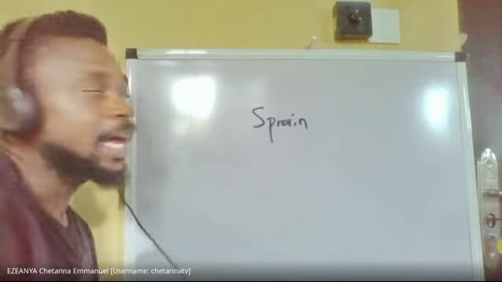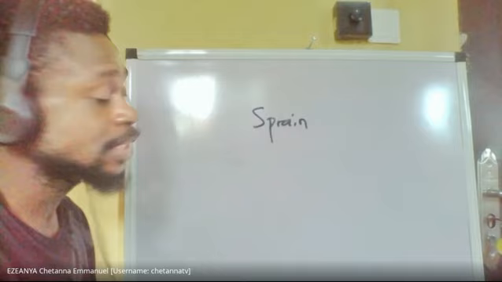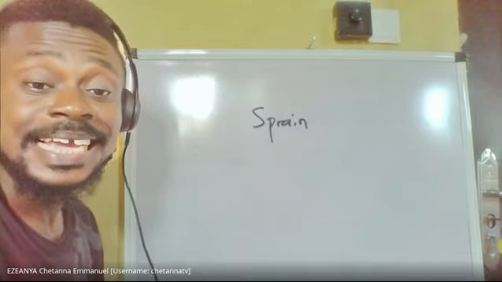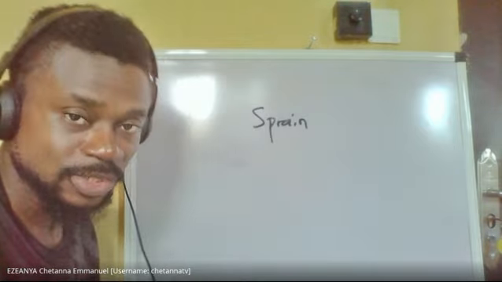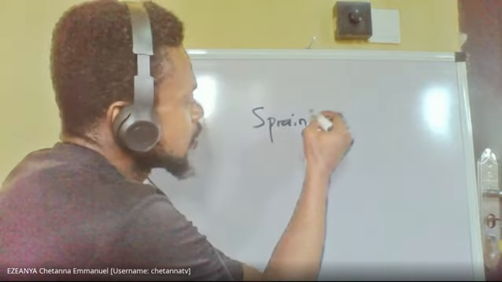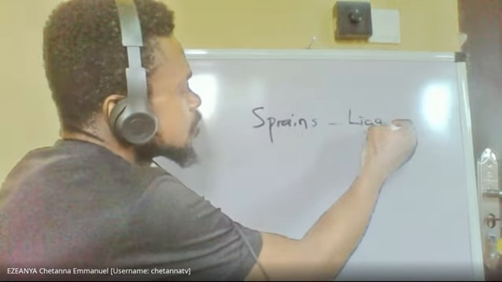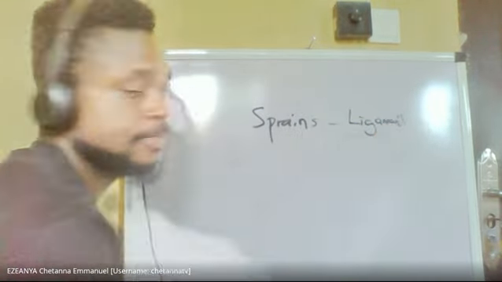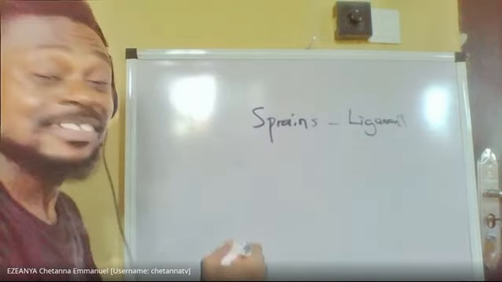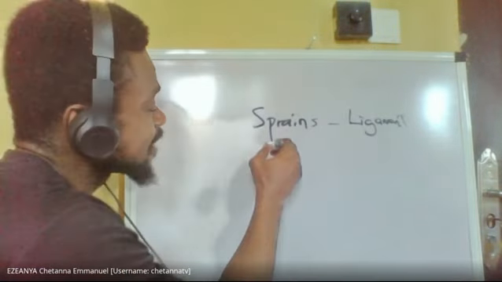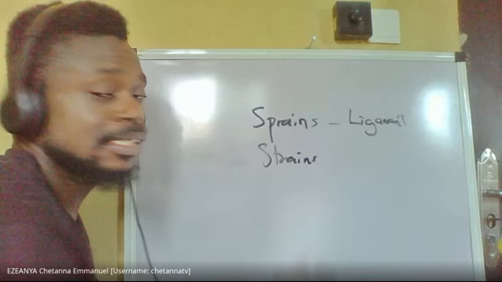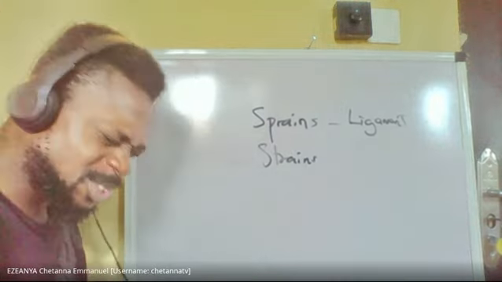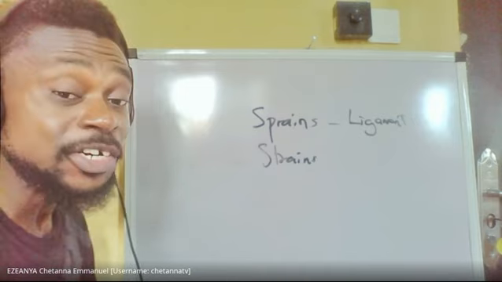So we have sprain. What is sprain? Sprain is a ligament injury. Remember ligament, that one is for ligament injury. Then we have strains. Strain is for muscle or tendon injury.